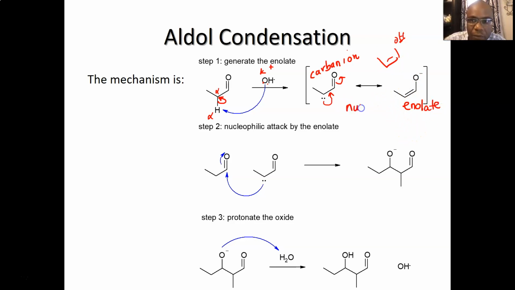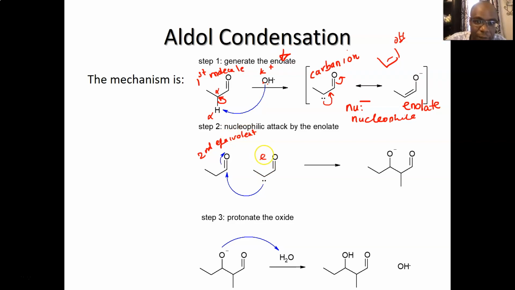Both of these play the role of a nucleophile. Once you've made it, you use it to attack a second equivalent. This is the second molecule, because the first molecule is used to make the enolate. The second molecule is attacked by the enolate.